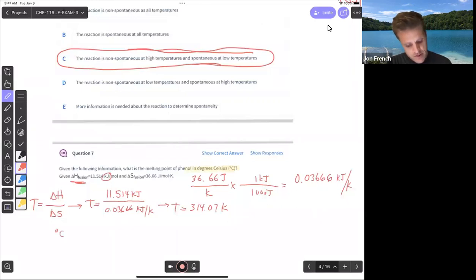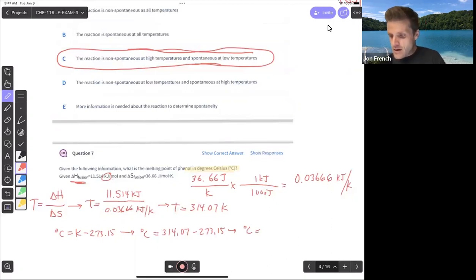So degrees Celsius equals Kelvin minus 273.15. So degrees Celsius equals 314.07 minus 273.15, to get our melting point of phenol as something like 40.9 degrees Celsius.